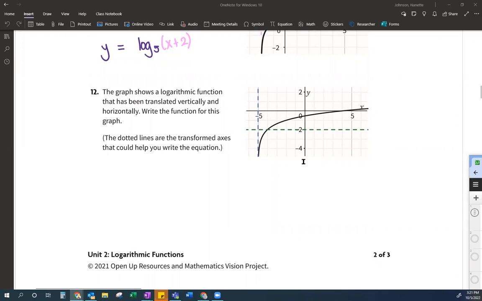I'm going to write my form out for you. So y equals, then the log, and then I don't know if we're going to need the x parentheses or not, but I'm going to put them there. Okay, so what's the first thing that jumps out to you?